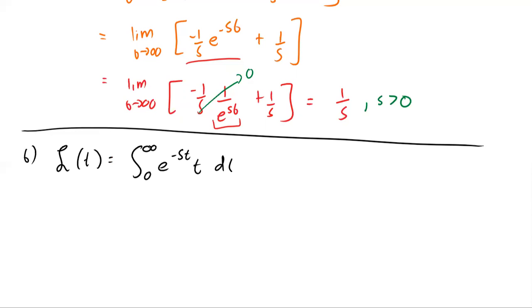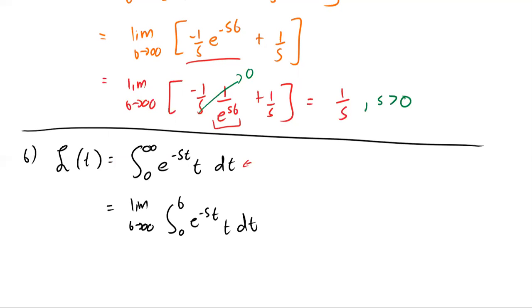Again, as always, the first thing we want to do when evaluating this by hand is write this as the limit as b approaches infinity of the integral from 0 to b, and then leave the inside the same. But this is always the first step. You can skip this step if you want.